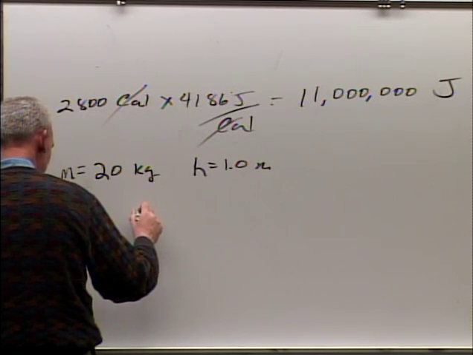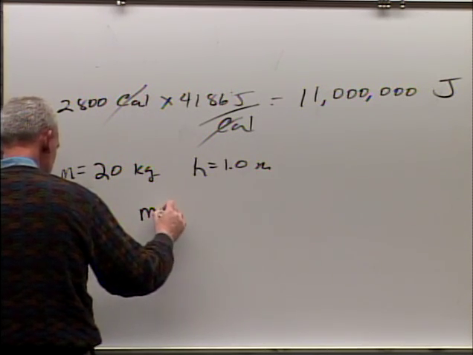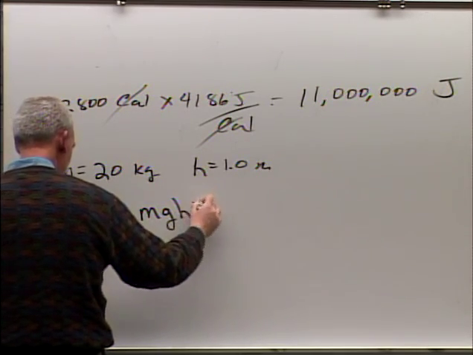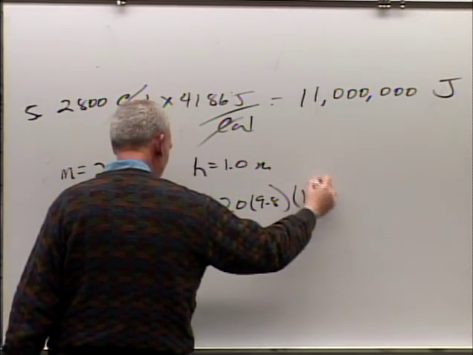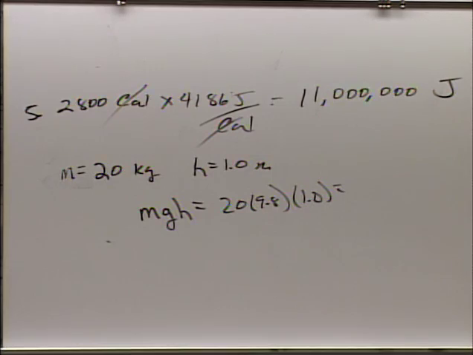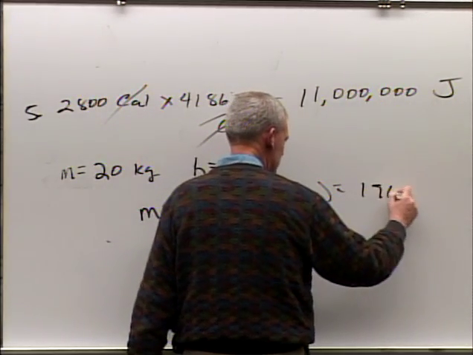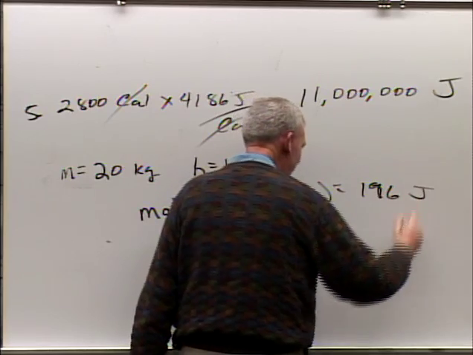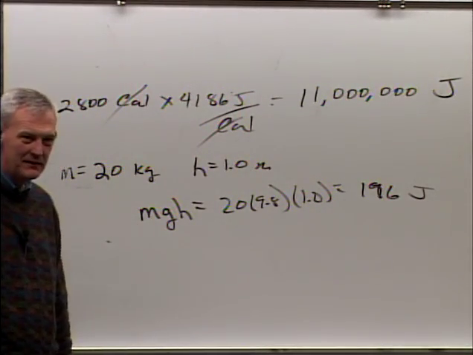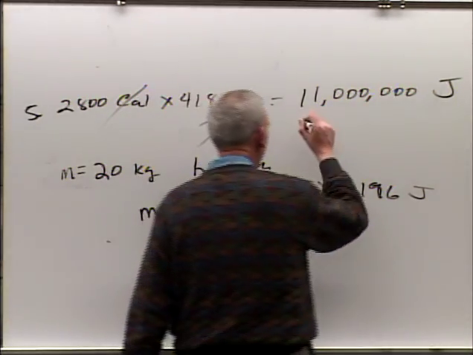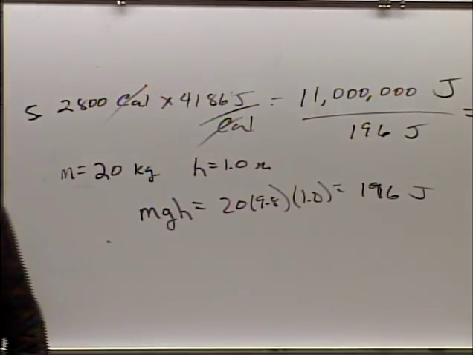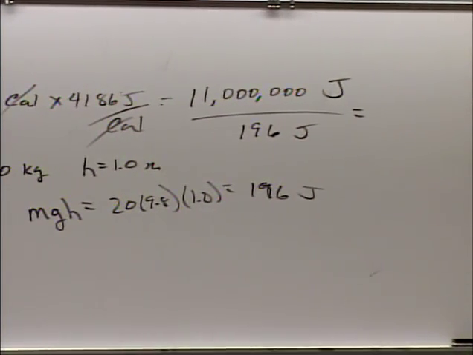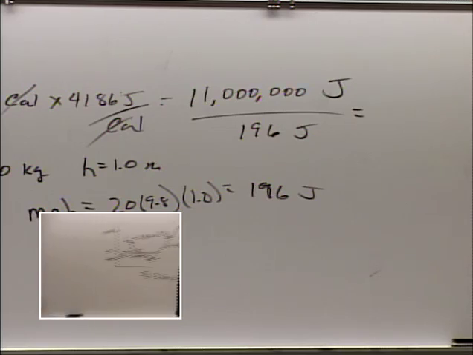Our mgh here is equal to 20 times 9.8 times 1. What does that come out to be? 196. So that's 196 joules for one lift. Take 11 million divided by 196. How many lifts is he going to have to do? 59,800.